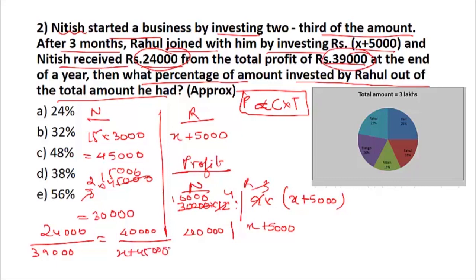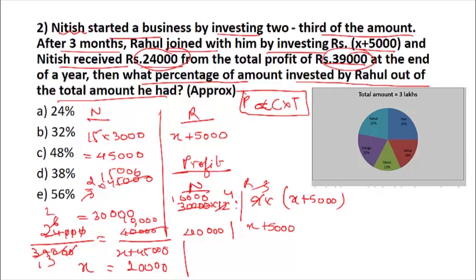Okay, so what you have to do is simplify this. This will go 1 time, this will go 5 times, 6 times. Okay, so let us see how much further we can go. This will go 2 times, this will go 13 times. If you do the calculation, you will get the value of X to be 20,000. Okay, so this is the value of X we have got. Now what they are asking you is, find what percentage of the amount invested by Rahul out of the total amount he had.